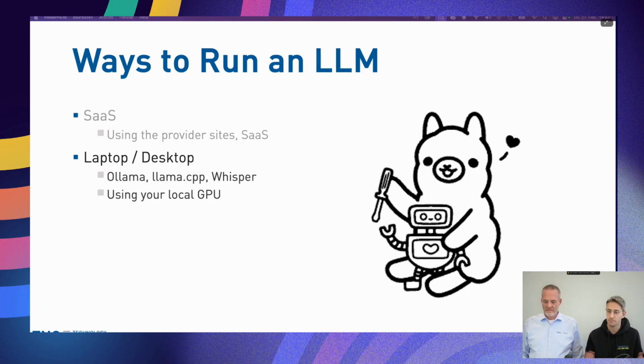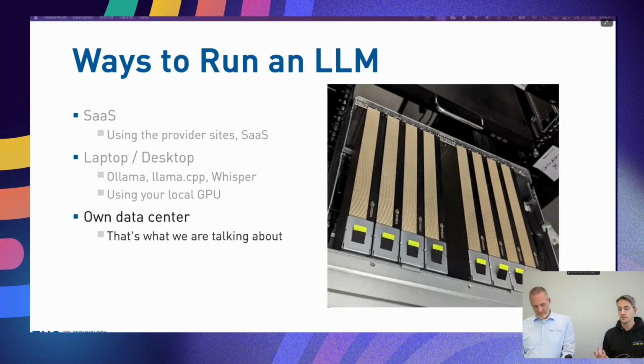It's not one of the big ones that you would normally use in a data center. So with that, you cannot really go full scale. You cannot have the full potential of the large language models. So the last thing, and this is what we want to talk about today, is how to provide that in your own data center without too much cost attached.